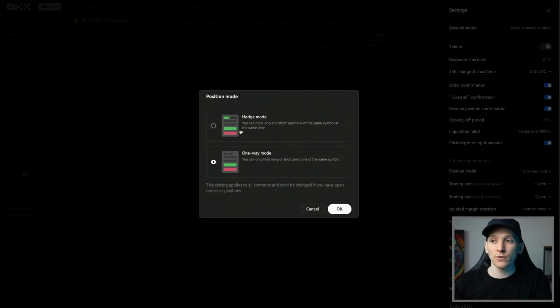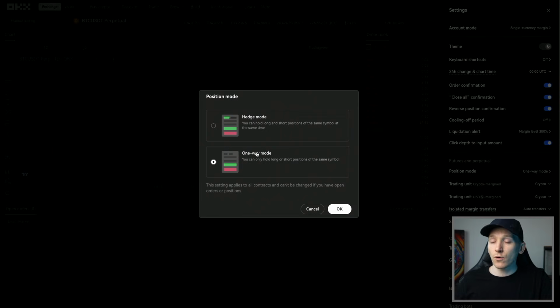Now with hedge mode, you can actually take separate long and short positions at exactly the same time that are separate from each other. So you have your $10,000 long, and that would be in the market and that would be trading. You can also take a completely separate short position where you're trying to take advantage short term of the price dipping. Those positions are completely separate. They're running at the same time. You can manipulate them separately from each other.